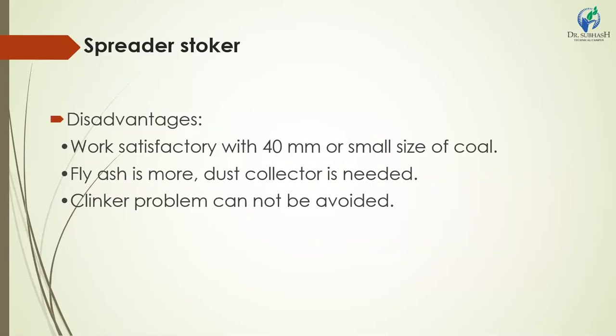It requires an efficient dust collection system, as the fuel burns in suspension and due to this fly ash is discharged along with the flue gases. Clinker trouble cannot be avoided, and there is a possibility of fuel loss. Some unburnt carbon particles are carried out with the exhaust gases.